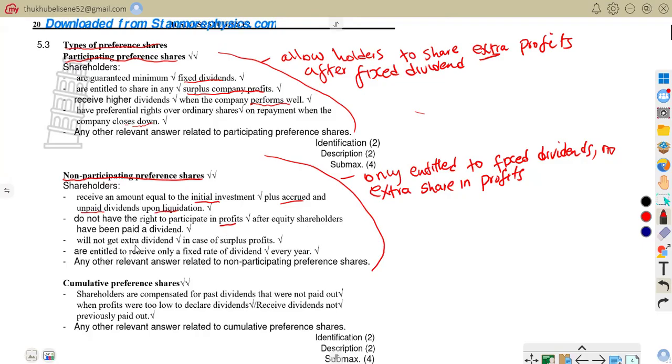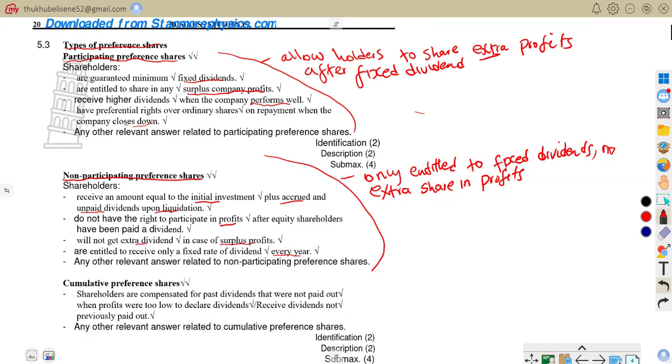They will not get extra dividend in case of surplus profits. They are entitled to receive only a fixed rate of dividend every year. So that is what I've said. If it's 8%, whether there are more profits that the company has made, they are going to get what? The 8%. Whether the company made a loss, they are still going to get their 8% dividend.